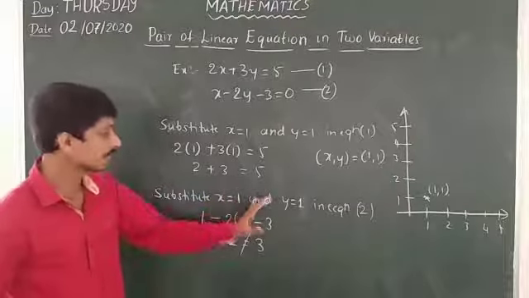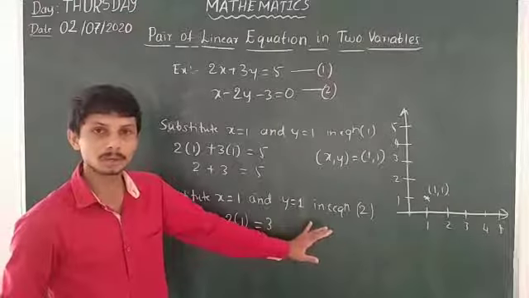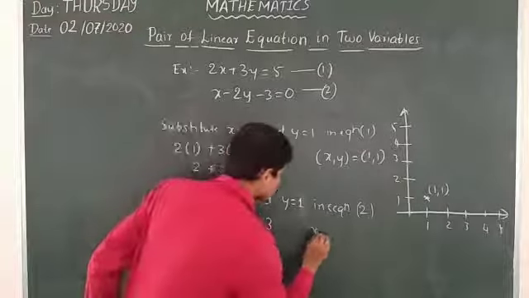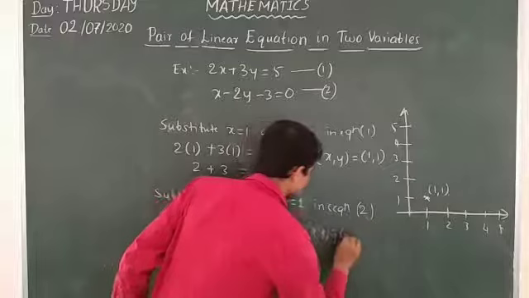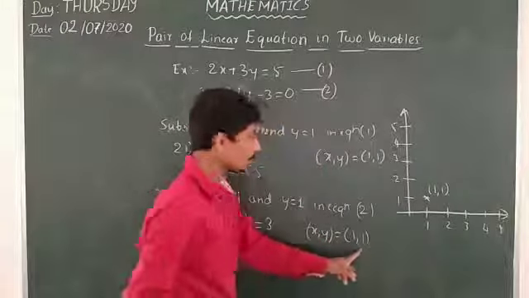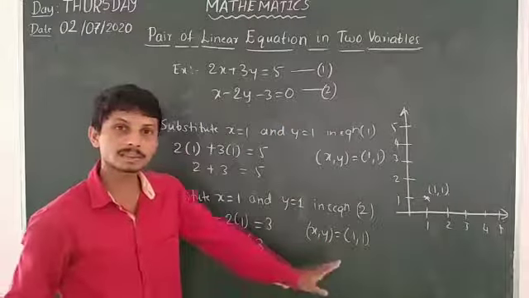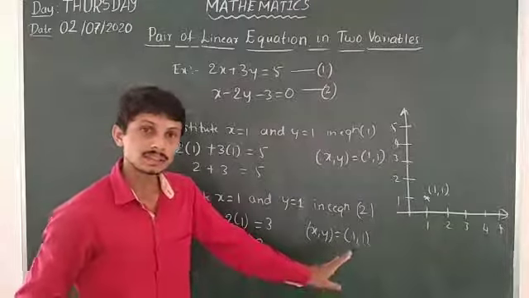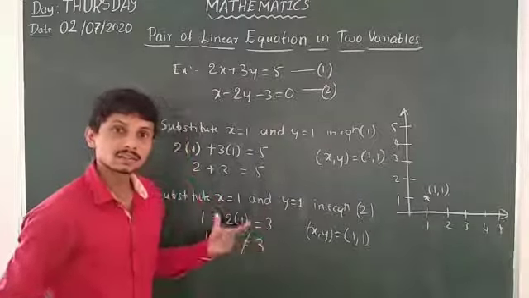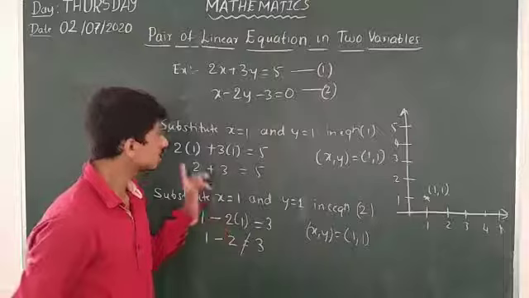So this means x comma y is equal to 1 comma 1 is not a solution of this equation.